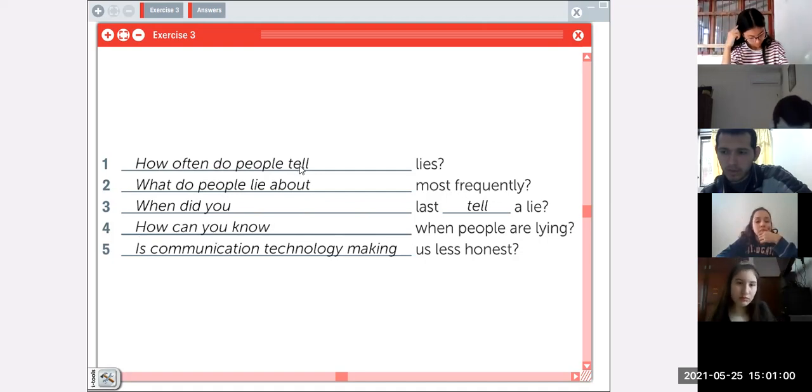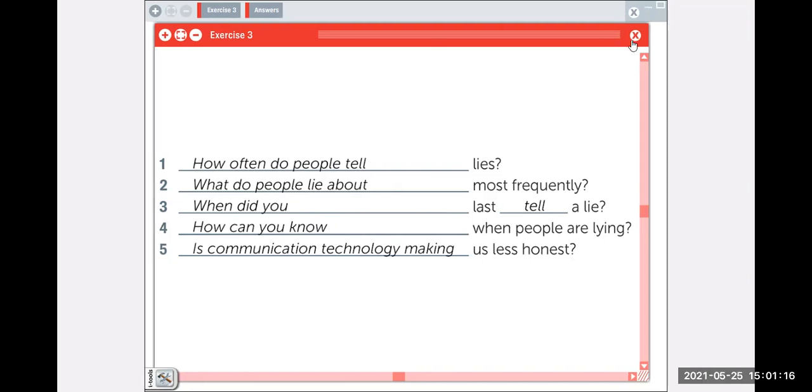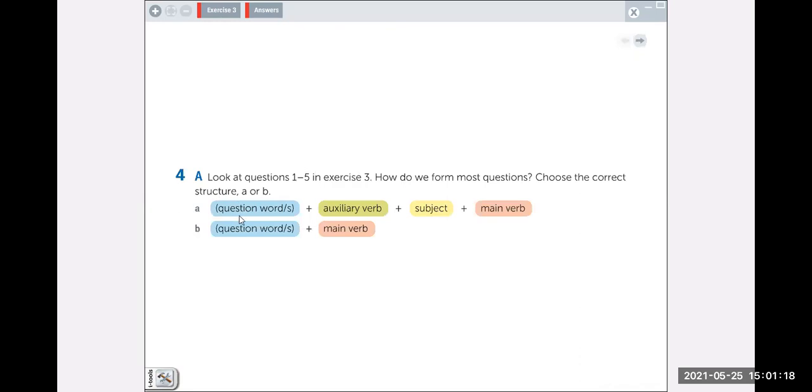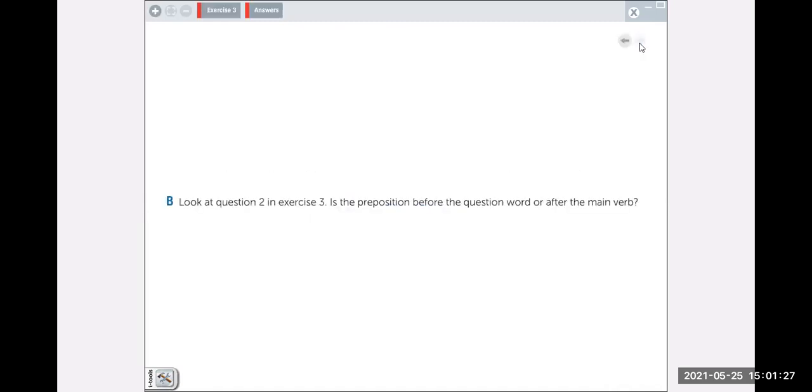And the verb: tell, lie. In this question, we don't have a verb. And here, tell. And here we have know, right? So in most of the questions, we use the first structure, A. Very good. So let's continue with the next part, the next page.